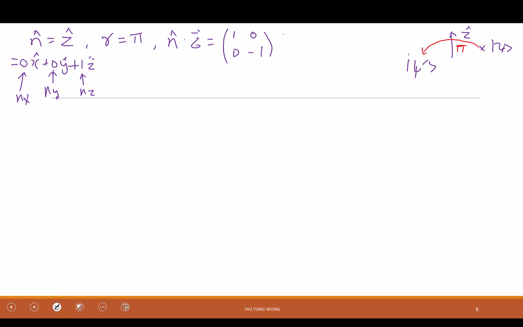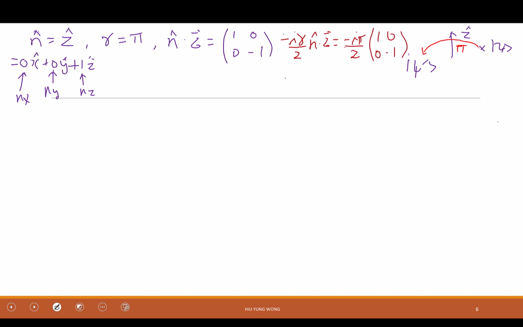Then negative i gamma divided by 2 times n dot sigma, which is equal to negative i pi divided by 2 times 1, 0, 0, negative 1.